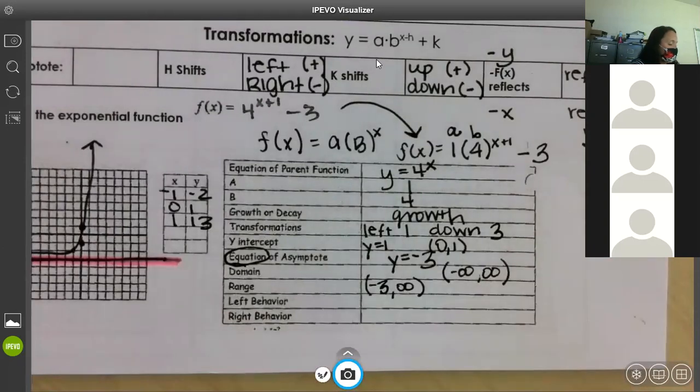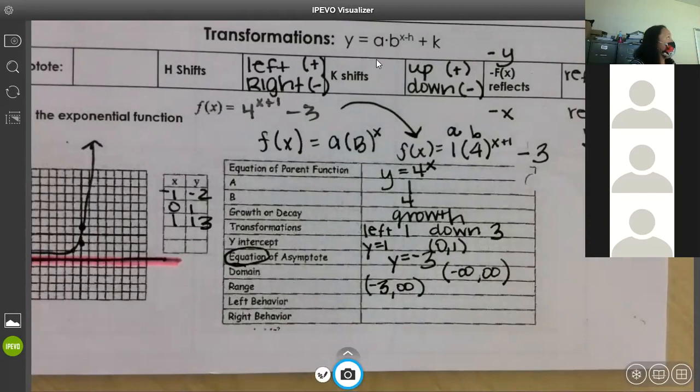And then last unit, we talked about right and left end behavior, right? Well, what does this one do? What is the left doing? It's decreasing. To where? -3.